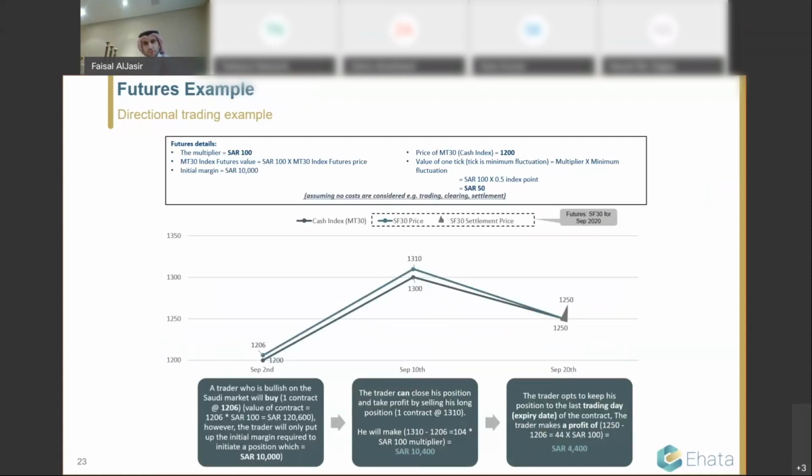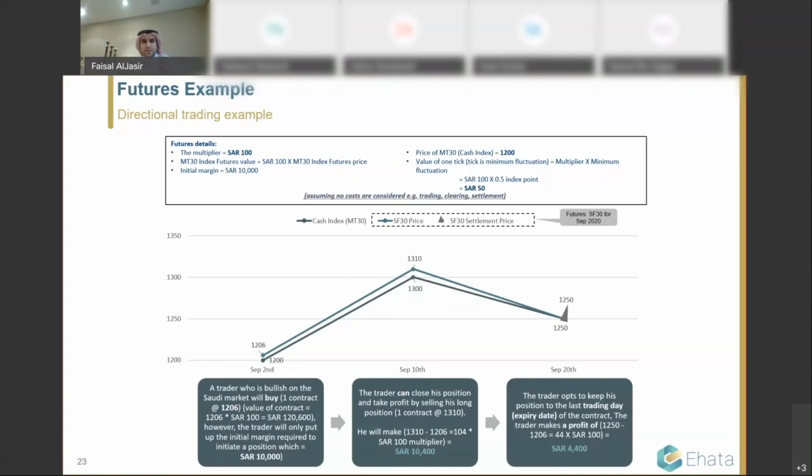We're looking at this position at the second of September, and the dark blue here is the cash index. When we say cash index, that's the MT30, that's the underlying, and the light blue is the future index, the S30.